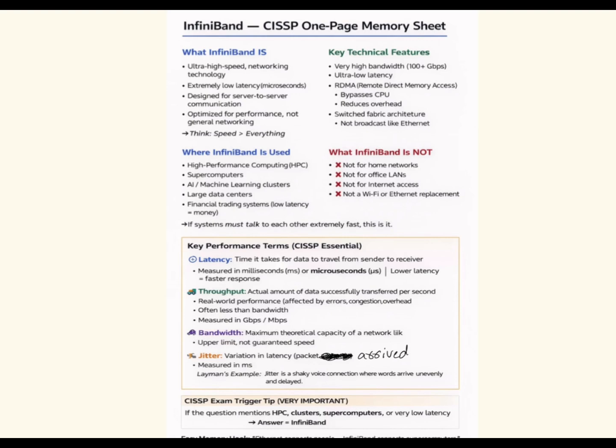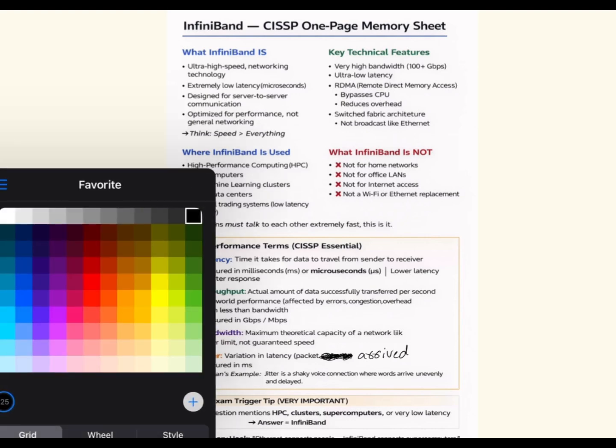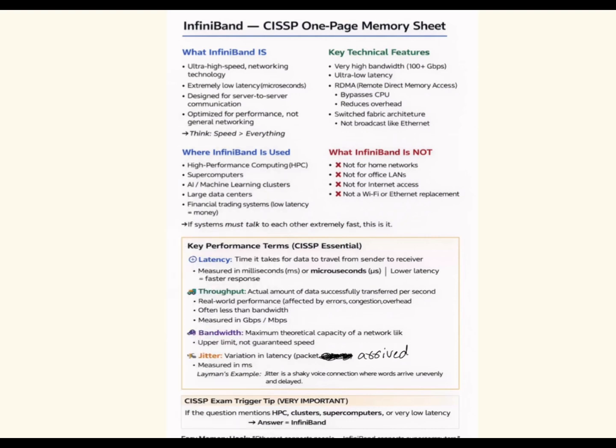Latency is the time it takes for data to travel from sender to receiver, measured in milliseconds. In Ethernet it's in milliseconds, while in InfiniBand it's in microseconds. Lower latency means faster response.